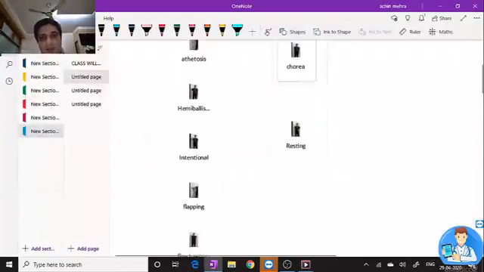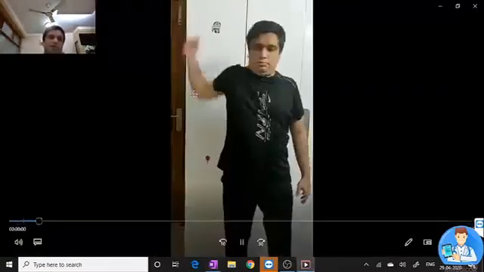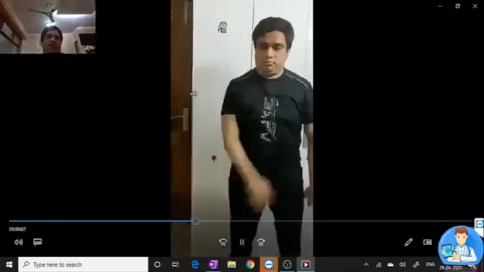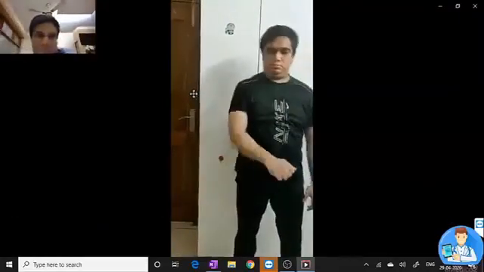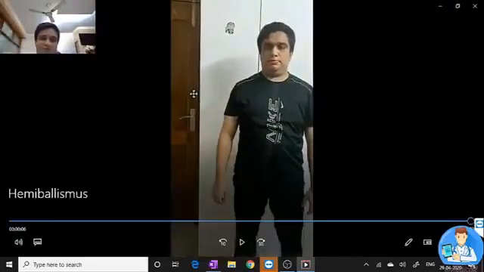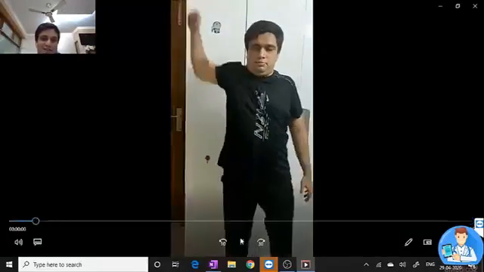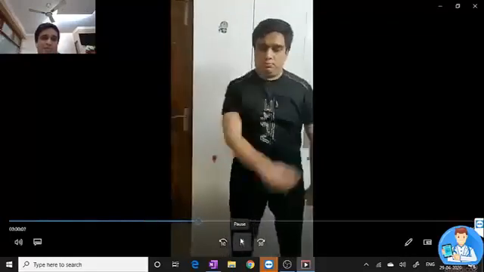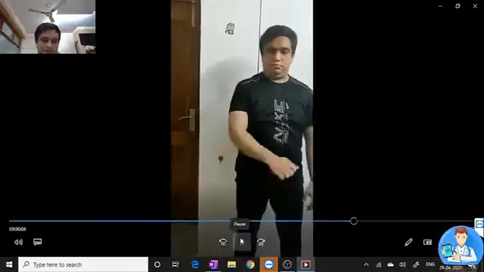Then we have another dance, which is done by Sunny Deol maybe, when he doesn't know how to dance: hemiballismus. You can see it again. There's a large amplitude movement which starts on the proximal limb.